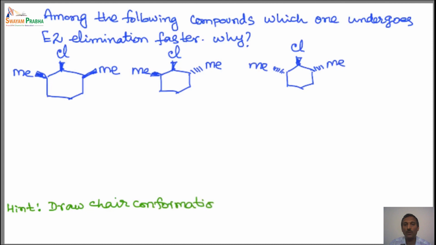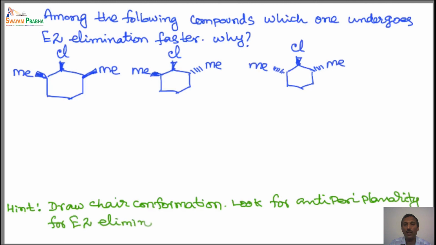So to solve the problem, the hint we have to look at is basically to draw the chair conformation and look for anti-periplanarity for E2 elimination. So one of the characteristics of E2 elimination is the anti-periplanarity. So this is a normal cyclohexyl structure we have written here.